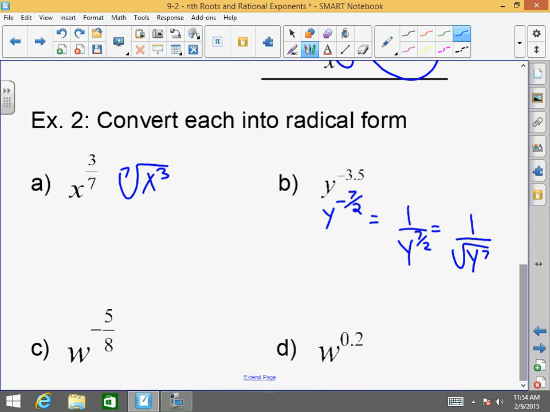Which then I can further simplify, right? I could turn this into 1 over, 7 divided by 2 is 3, so the absolute value of y cubed times the square root of y, because you had 1 left over. Why did I put the y cubed in absolute value? Because I took out an odd exponent from an even root.